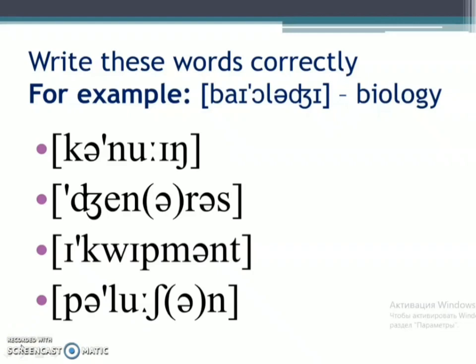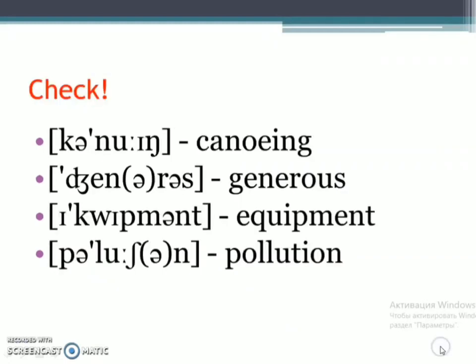Canoeing, generous, equipment, pollution. So here you see the correct variants of these words. Yeah? Write in your copybook, please.